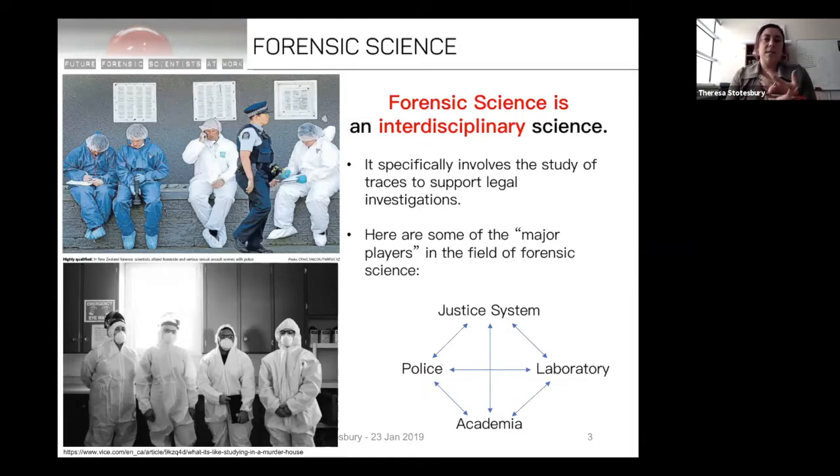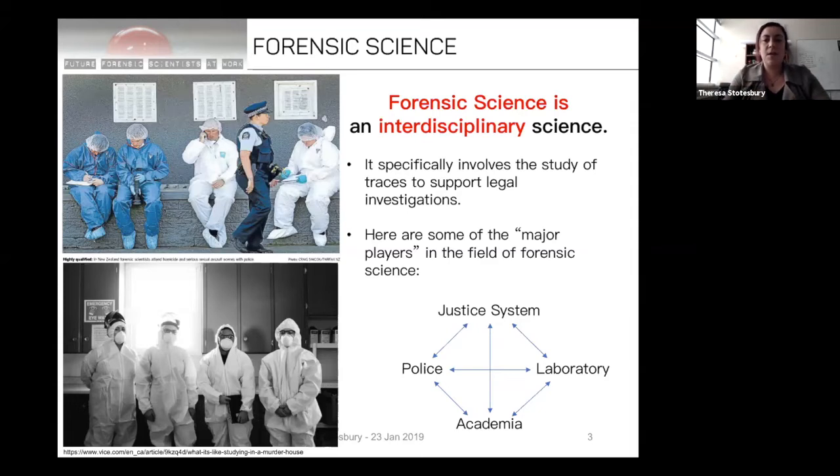We call that latent evidence. But really, all we're trying to do is study that matter and figure out how that trace got there. So we really rely on lots of different concepts from the sciences, the maths, social sciences, really everything. So we can think of it as any type of science or phenomenon that can be applied to the law.